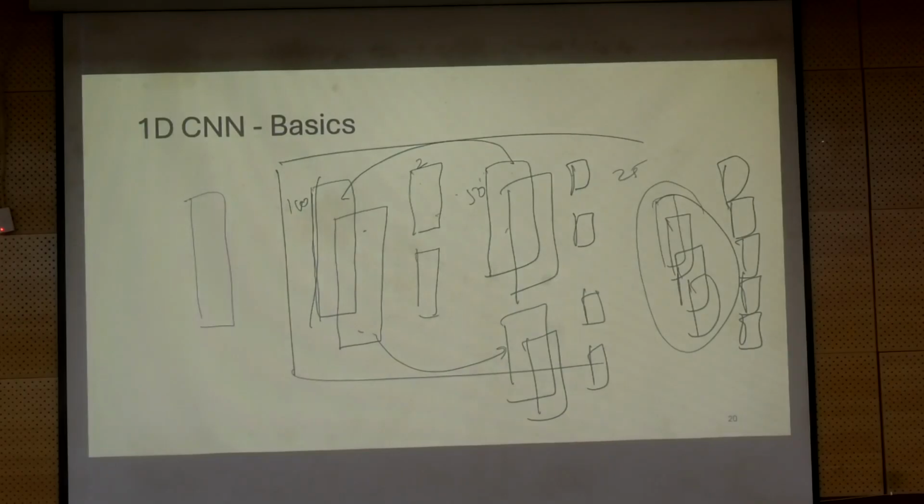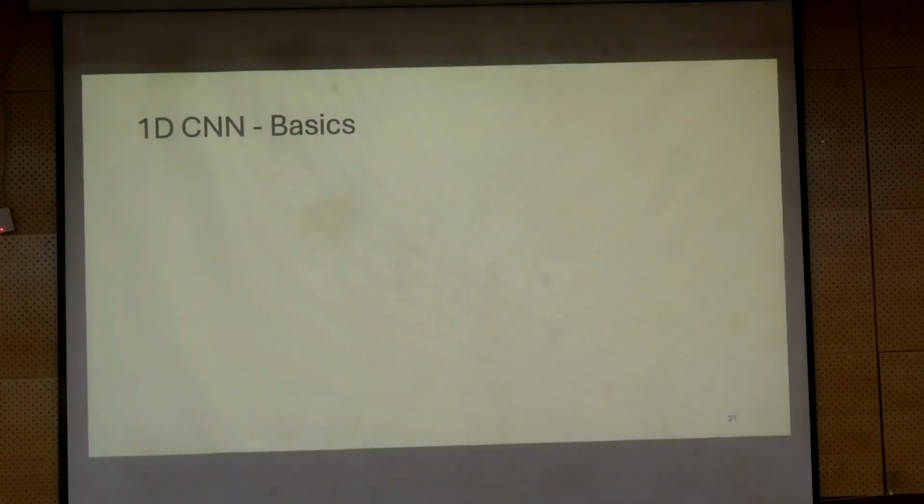Is this clear? Any questions? So the purpose of the flattening layer: it flattens, or basically converts, the stacking of multiple feature maps into a single one-dimensional vector for our dense layer to use.